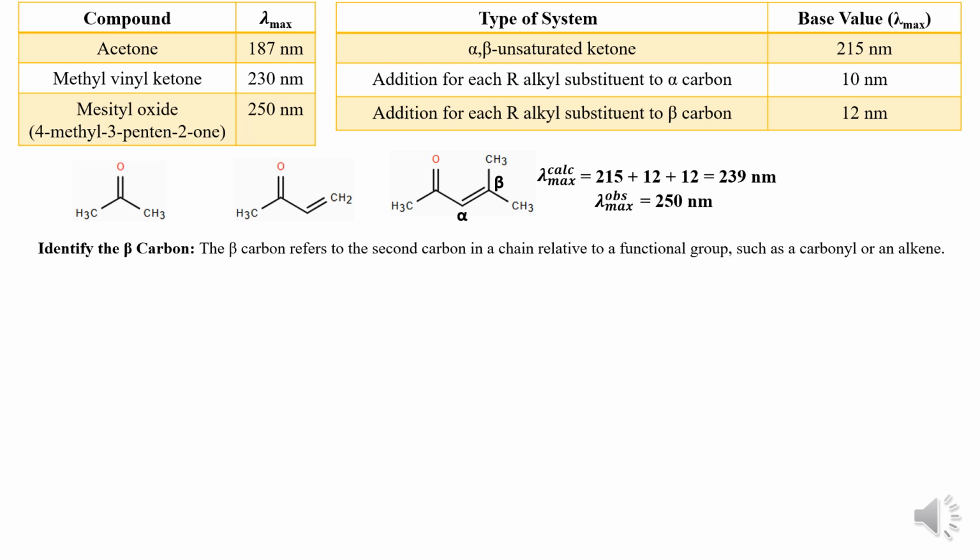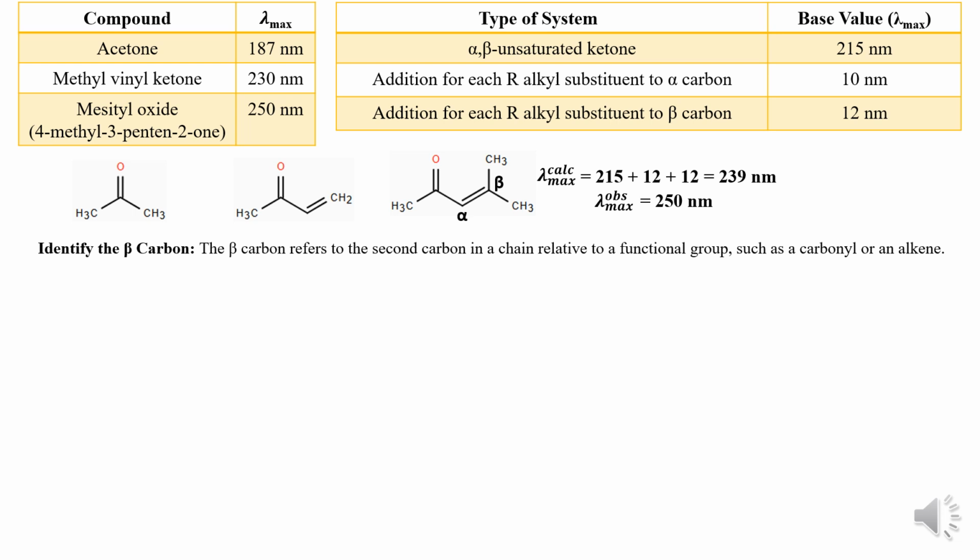So in case of mesityl oxide, you find two methyl groups covalently bonded to the beta carbon. And therefore, the theoretical lambda max value will be 215 plus 12 plus 12, that is 239 nanometers. 215 because the base value of 215 is given for the presence of this alpha beta unsaturated ketone system in mesityl oxide.